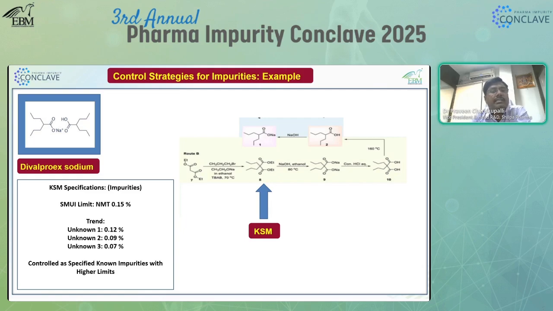The regulatory authorities requested a stringent specification in the KSM. We had filed a specification with a limit for unknown impurity of not more than 0.15, and our trend was unknown impurity 1 at 0.12, unknown impurity 2 at 0.09, and unknown impurity 3 at 0.07.